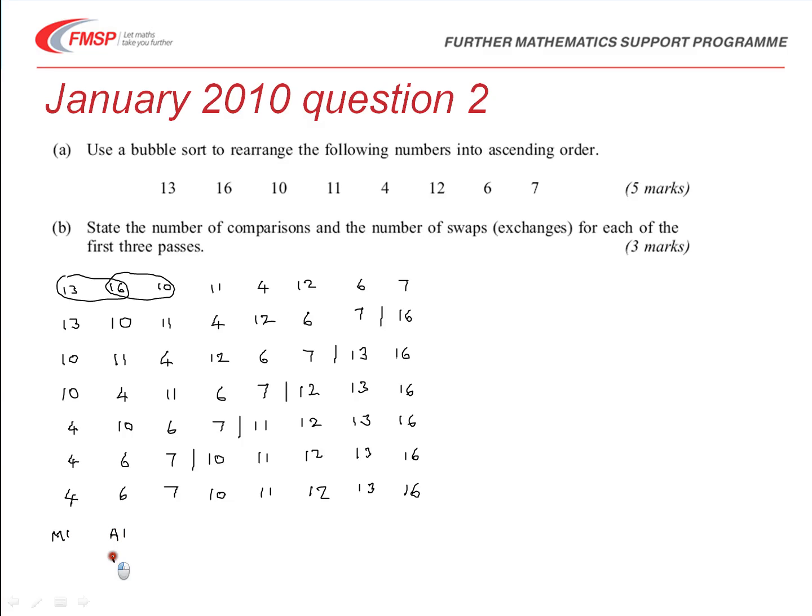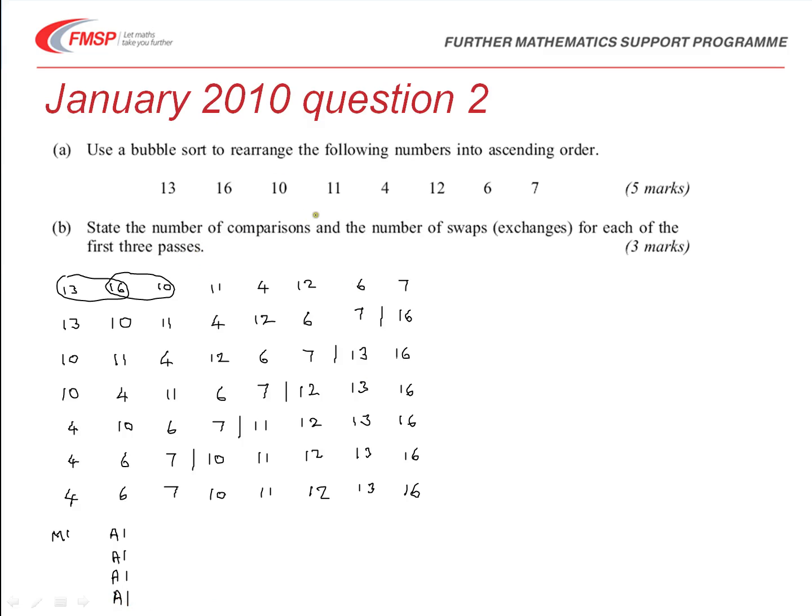You then get an accuracy mark for the second pass being correct, and an accuracy mark for the third pass being correct, and then you get an accuracy mark that must include those last 2 lines being the same. So that gives you your 5 marks.